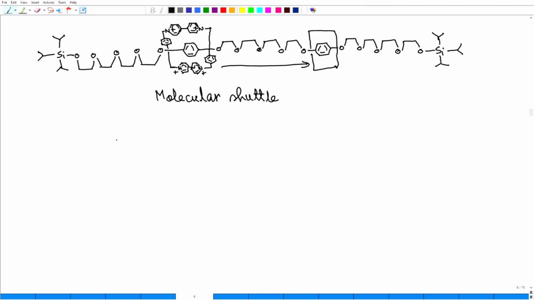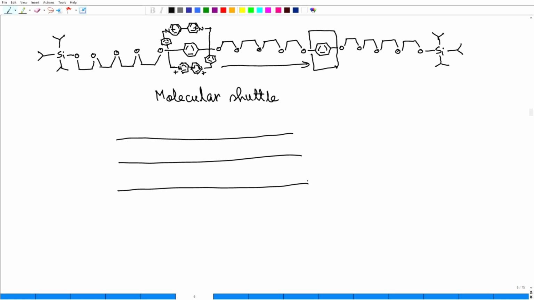Suppose I have this, so I make it like this and put one macrocycle here, another macrocycle here, another macrocycle here. Like this, they can be either here or here. Similarly, here one macrocycle is here, one macrocycle here, one is here, and this is known as a molecular abacus.